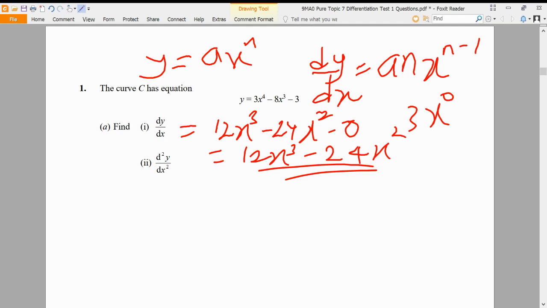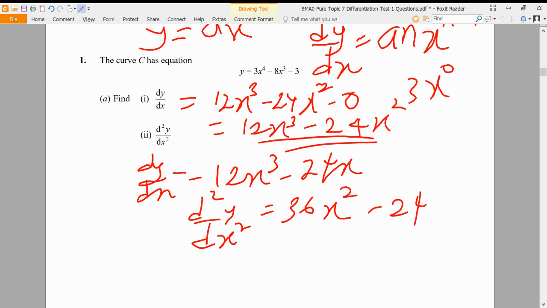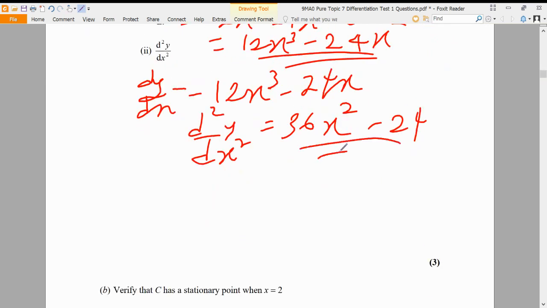So since your dy/dx is 12x raised to power 3 minus 24x, then your d2y/dx squared will be, you have to differentiate this function, which is 12 times 3, that is what? 36x raised to power 2 minus 24. This is the solution to the second question.